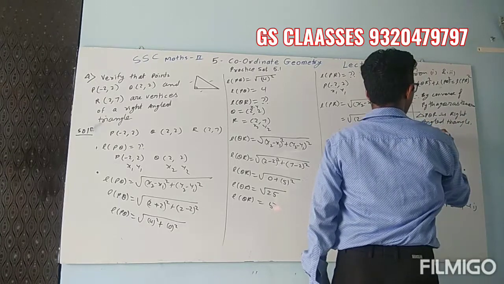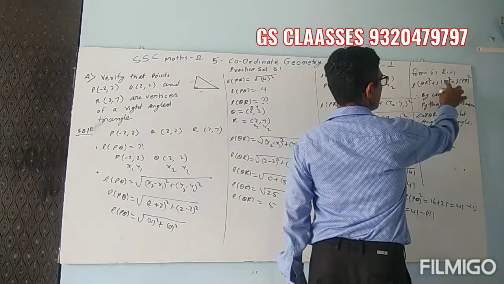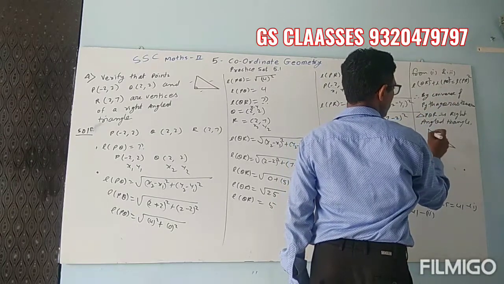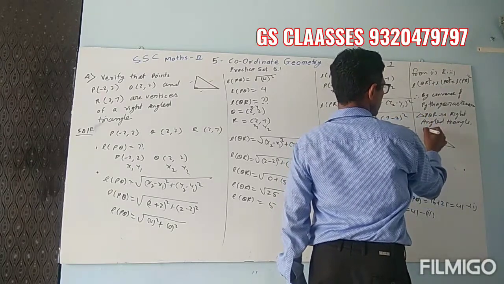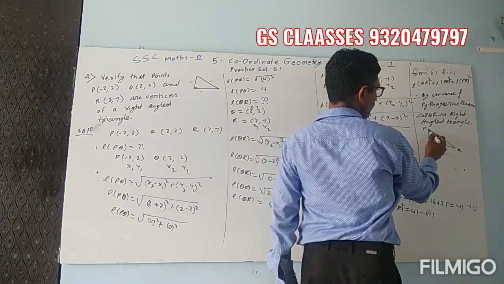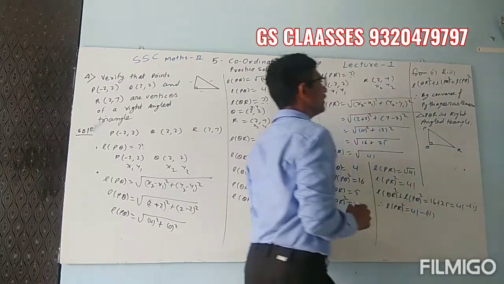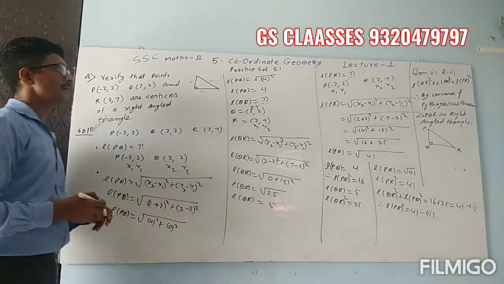And we can show that Q is the common vertex here. This is P, this is R. PQR triangle is a right angled triangle.